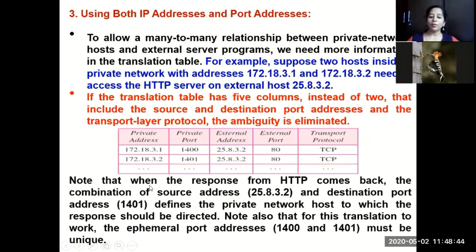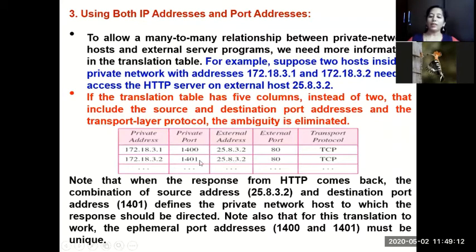So when the response comes back from this external server, the HTTP server used for Gmail connections, the combination of the source address, which is 25.8.3.2, which is the address of the Gmail server, along with the destination port number will define which private network device should get this packet.